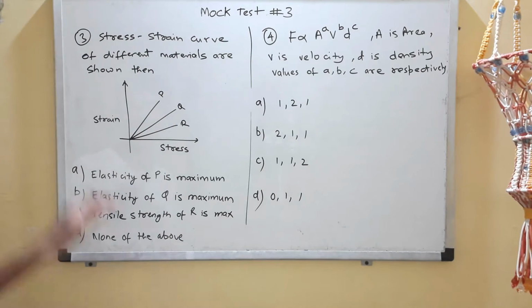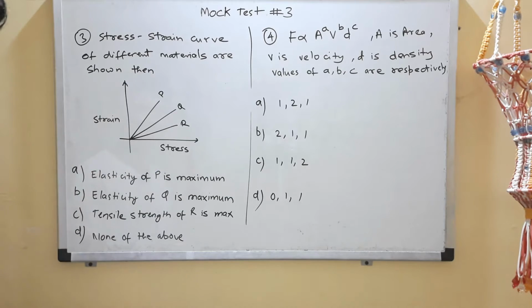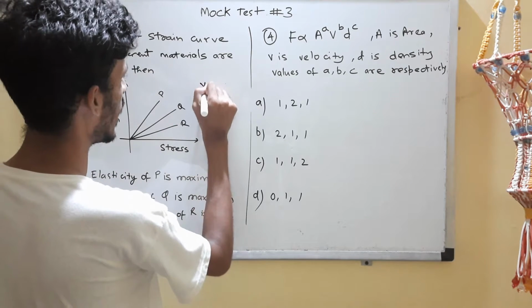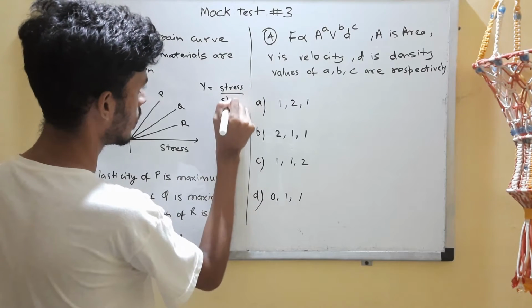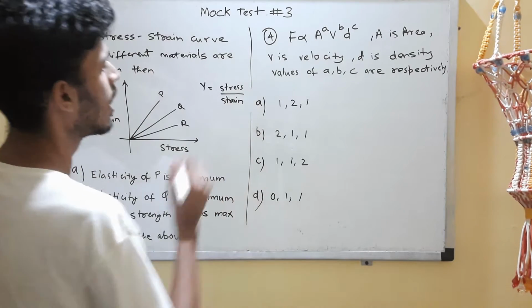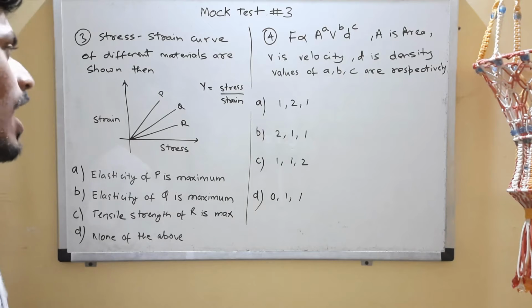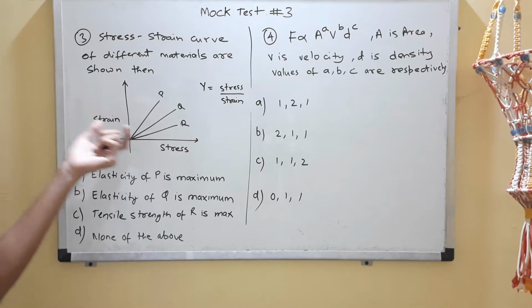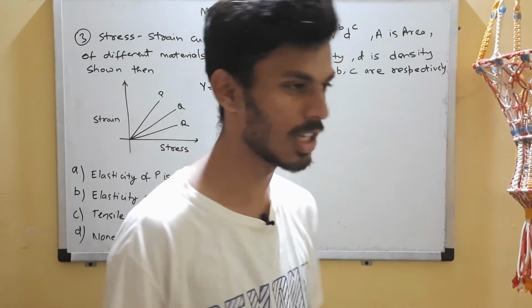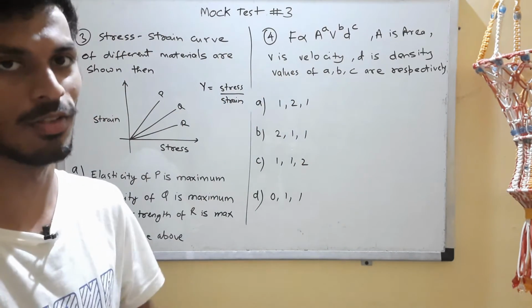So here the graph is of strain versus stress. Young's modulus you know as the ratio of stress by strain. Here we are supposed to find the material which has the highest Young's modulus or the highest elasticity. The slope of this graph will give strain by stress, the reciprocal of Young's modulus.